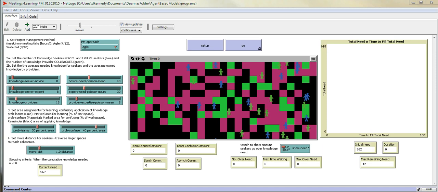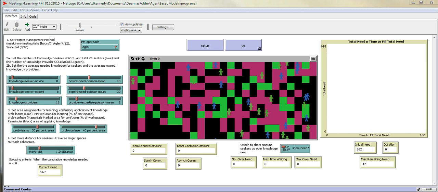If they are not in contact, they will have asynchronous communication, and there will be a limited amount of information provided to the knowledge seeker. We will track how many members go over, how long they've gone over their need, and how far beyond their need they went.